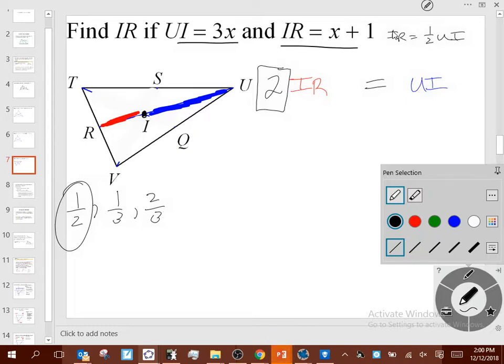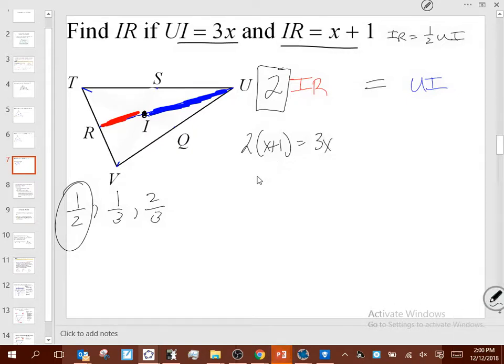But if you wrote that one, my hopes are the first thing you would do is get rid of that 1/2 by multiplication of 2, right? When I multiply by 2, we get the one that Alex said we should have: 2 IRs is equal to 1 UI. So 2x plus 1x should equal 3x. And again, hopefully that algebra is not anything that's extremely taxing for us.